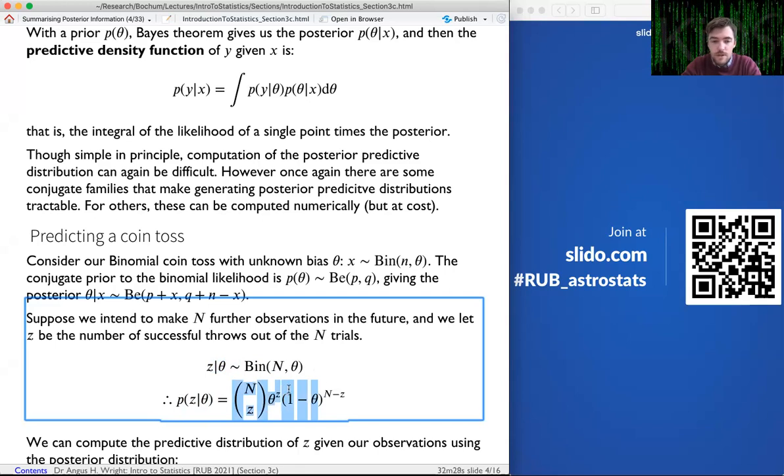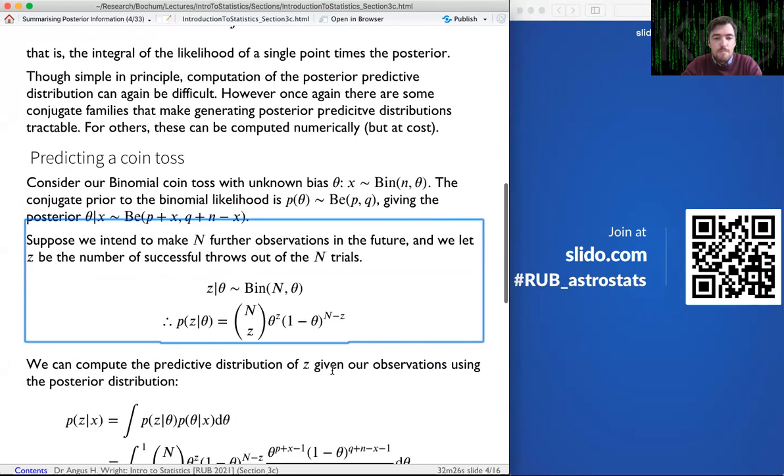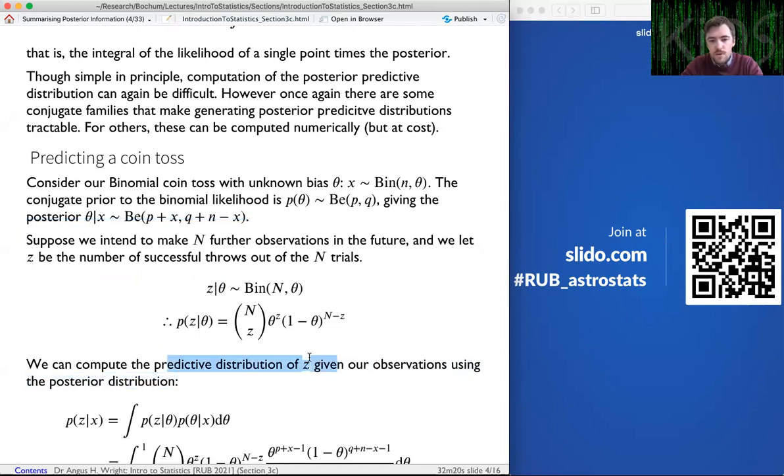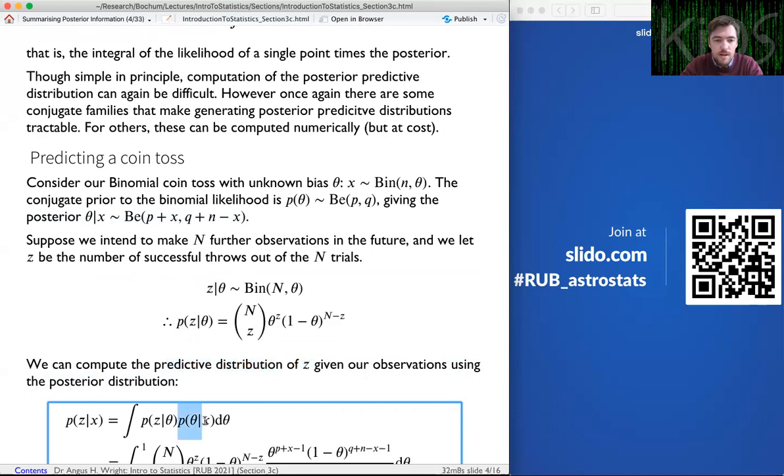So nothing new here. But with this likelihood, we can now compute the predictive distribution of Z given the observations that we make, the number of heads that we see in our n trials. We could do it via the posterior, but we can just directly compute the predictive distribution.